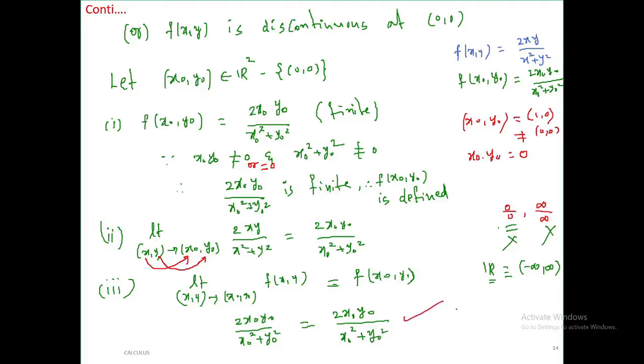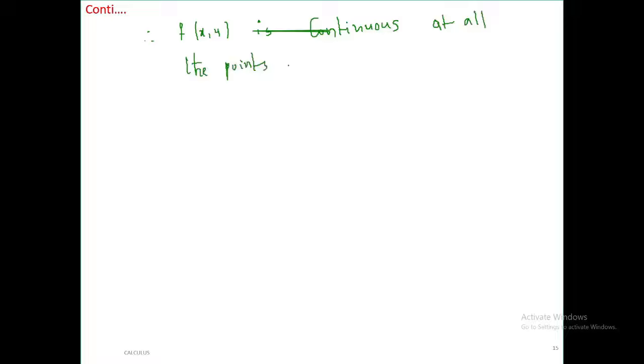So the conclusion is: f of x comma y is continuous at all the points x naught y naught other than the origin, because at the origin it is discontinuous.